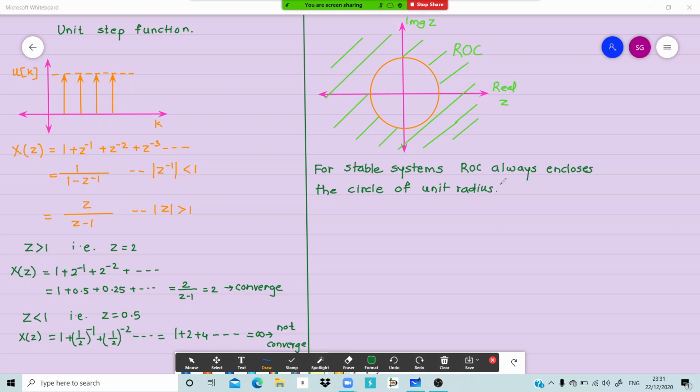Correct? Because we had seen that all the poles should be inside. If the ROC does not include it, then your system is unstable, because the value of that particular function or signal is going out of the unit circle, and then the system becomes unstable. So that's why the last statement related to stability is important.